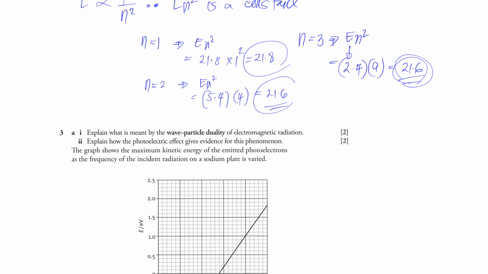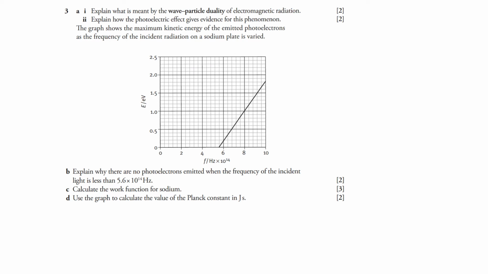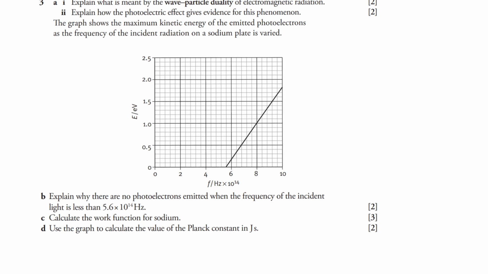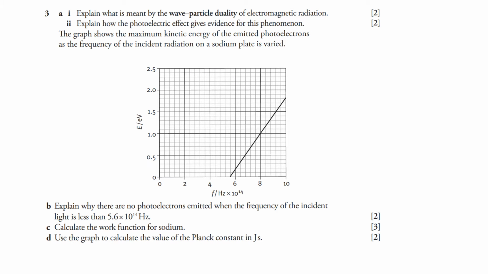Let's go to the next number 3. Explain what is meant by wave-particle duality. Let me explain it here at the side. This is 3a(i).